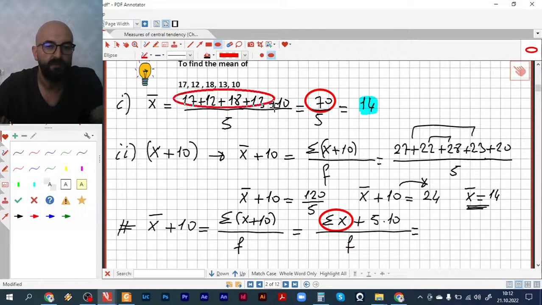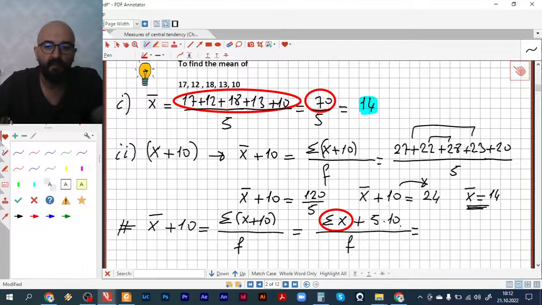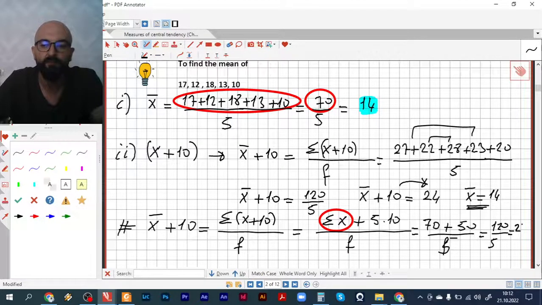I want to write 70 instead of the sum of x. 70 plus 5 times 10 over frequency 5, so 120 over 5, and it becomes 24.